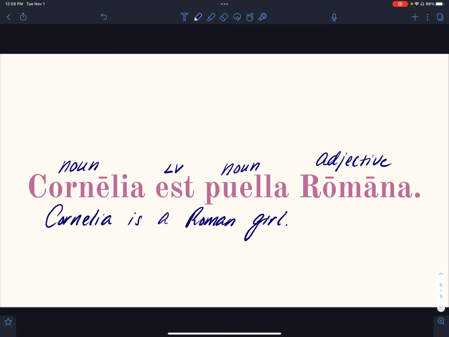Okay. So how am I going to describe the relationship between the words Romana, puella, and Cornelia? You can use the jargon, the specialized words that we learned. Who's feeling gutsy? Romana is the adjective which is describing puella. Good.